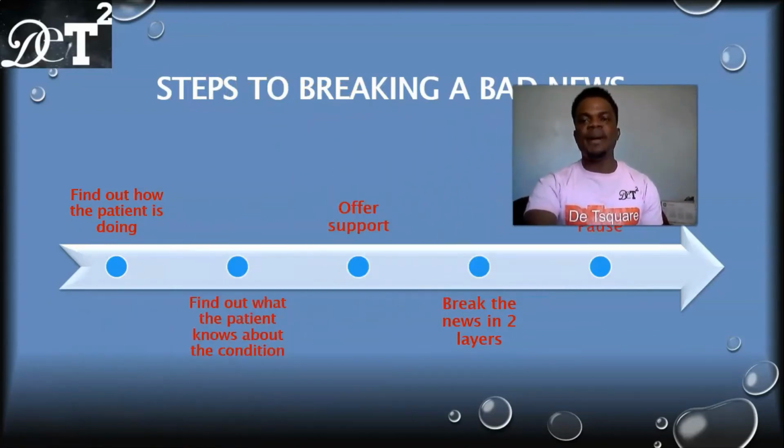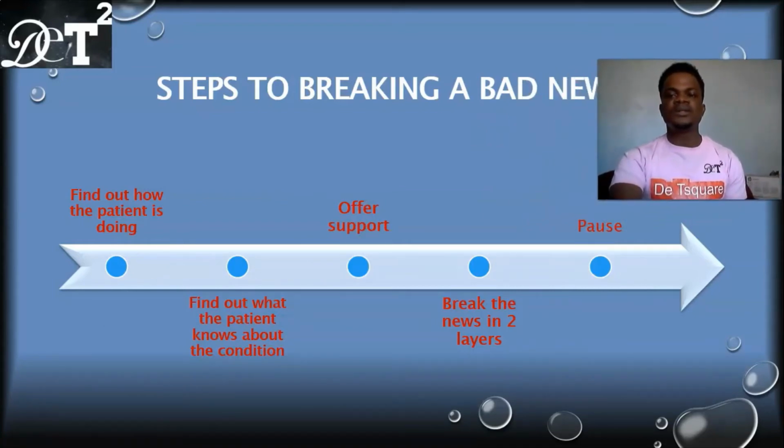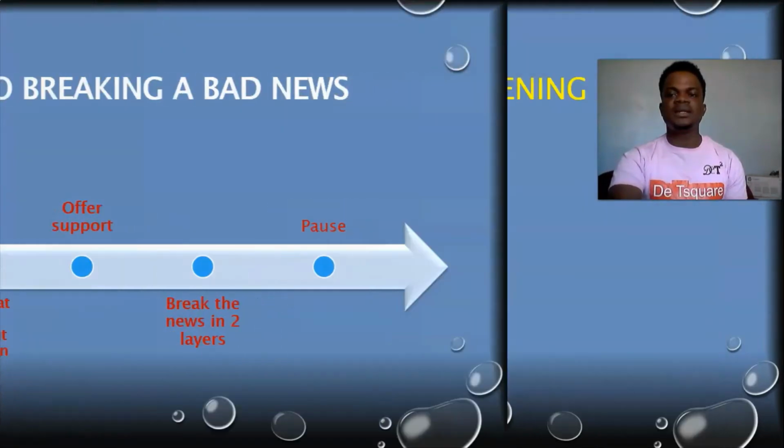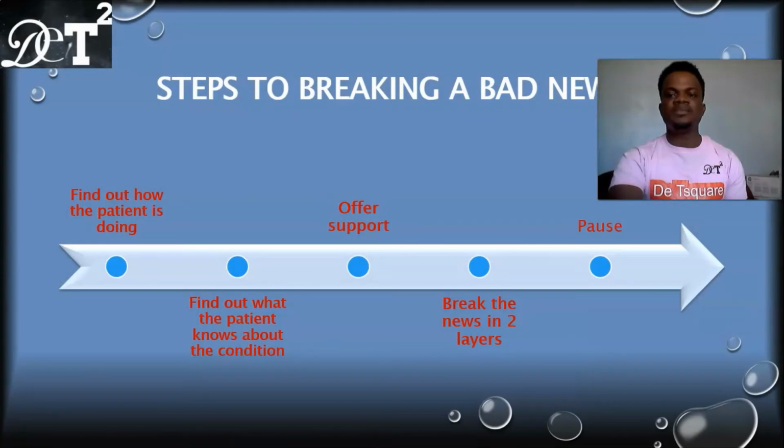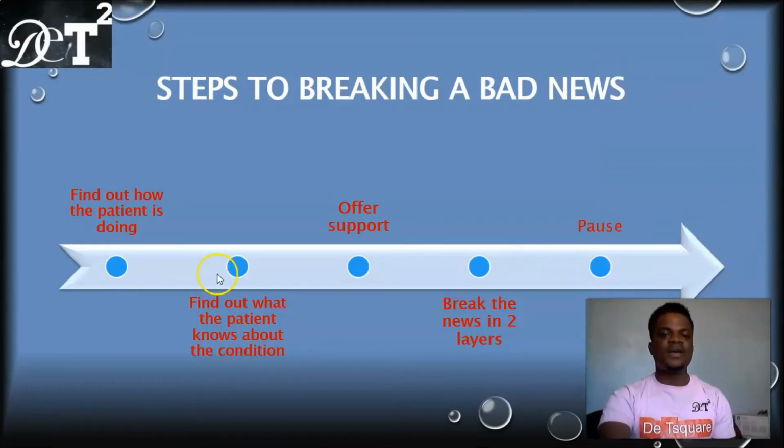Now, whenever you have a bad news, what are you going to do? Maybe the first point in your task says, tell the patient's relative that the mother has a stroke.